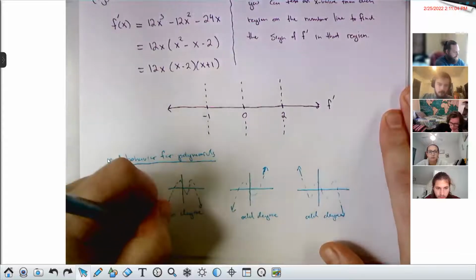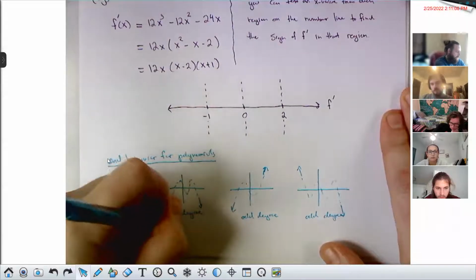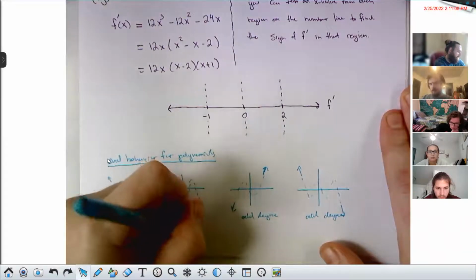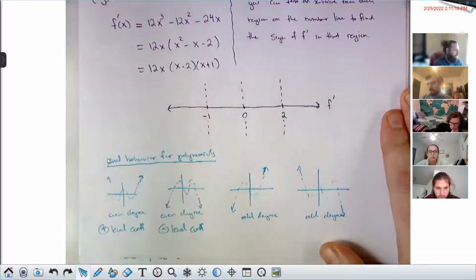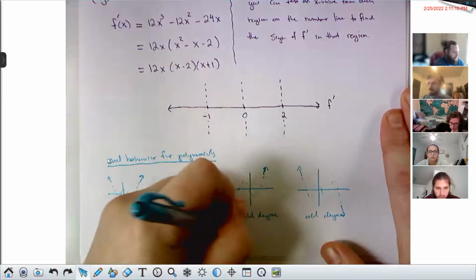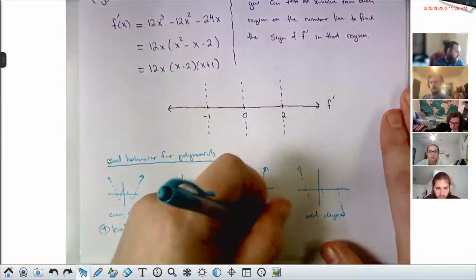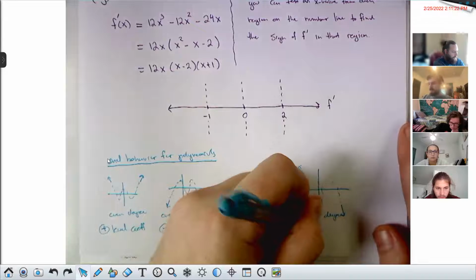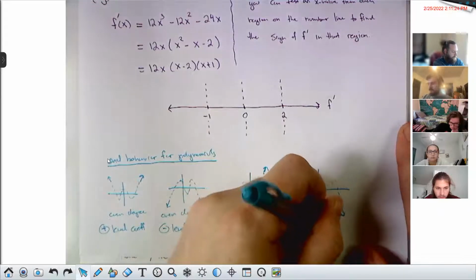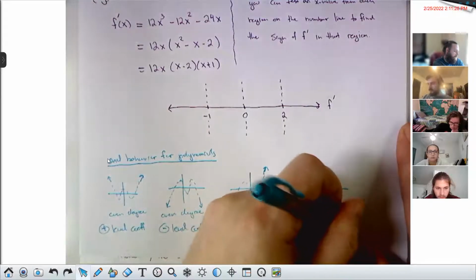The second picture is associated with an even degree and a negative lead coefficient. This guy is associated with an odd degree and a positive lead coefficient, and this guy is negative.